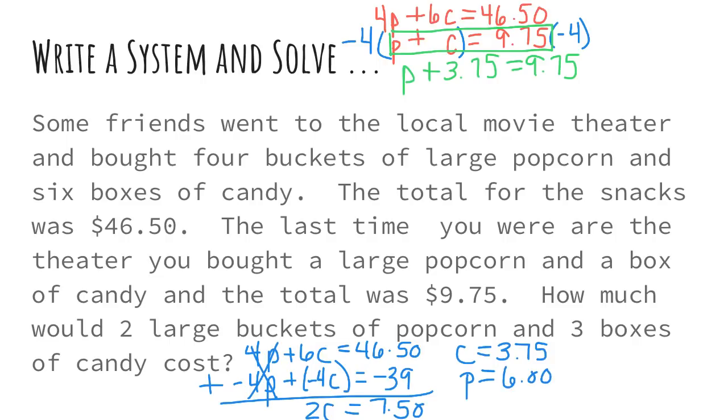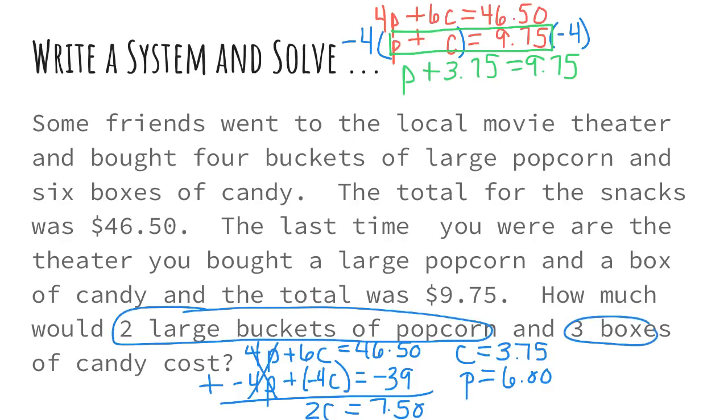But that's not the question. The question is, how much would 2 buckets of popcorn and 3 boxes of candy cost? So I'm going to write in red. I have to find a little spot where I can work on this. So 2 popcorns at $6 each and 3 candies at $3.75 each.